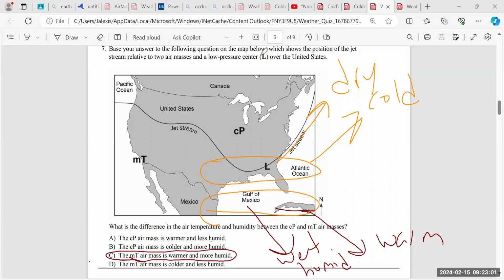So this statement is true, right? It's not going to be D because MT air mass is warm. And it's not going to be B because a CP air mass is dry, right? So that means it's not more humid, it's less humid. And it can't be A because a CP air mass is cold and not warm.